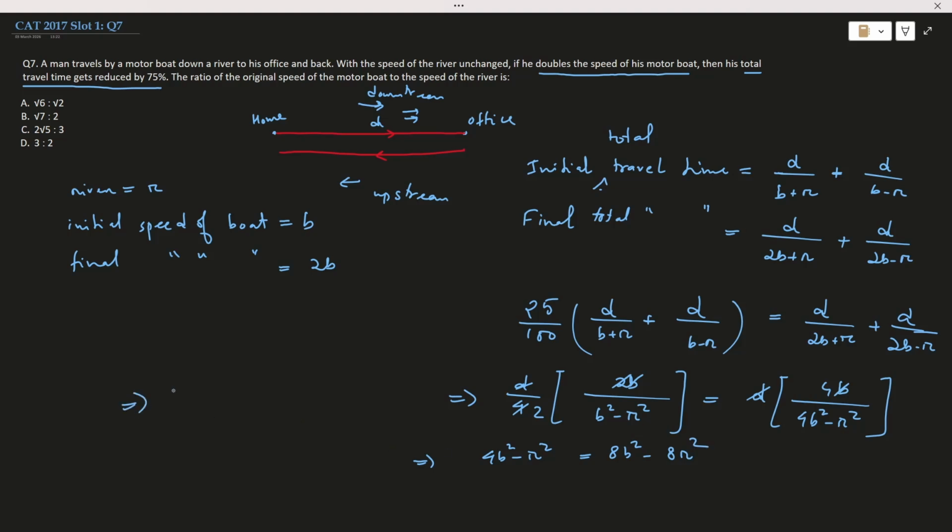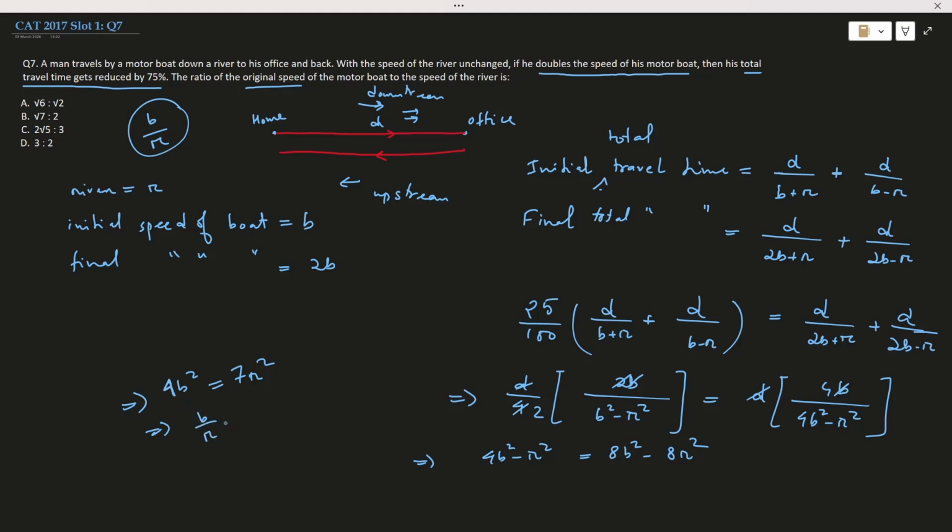From here 4b square is equal to 7r square. I have to find the ratio of the original speed, that means b, to the speed of the river, so I have to find b by r.